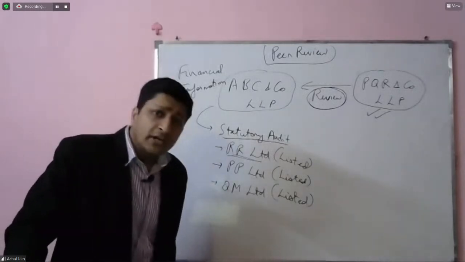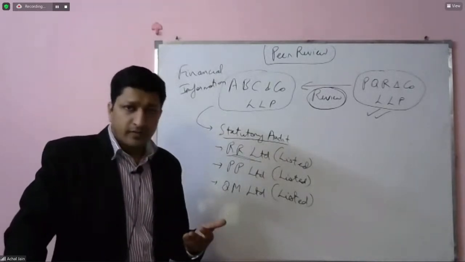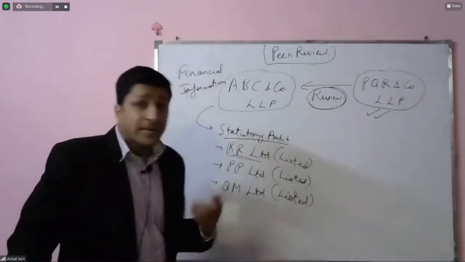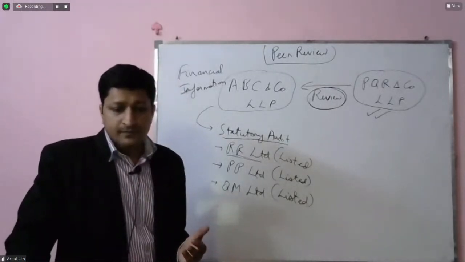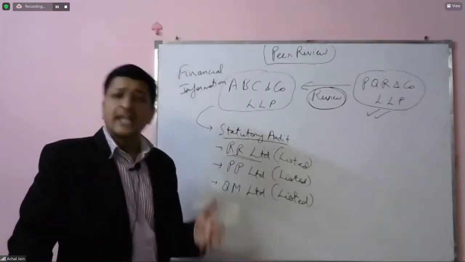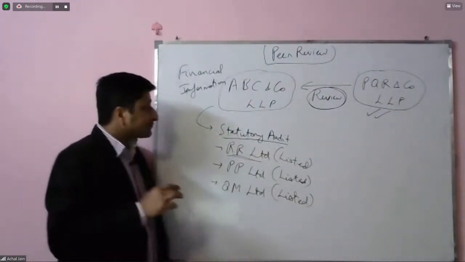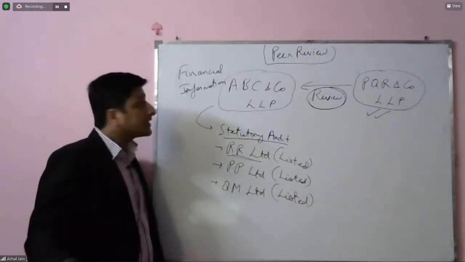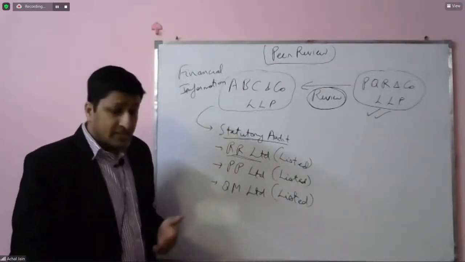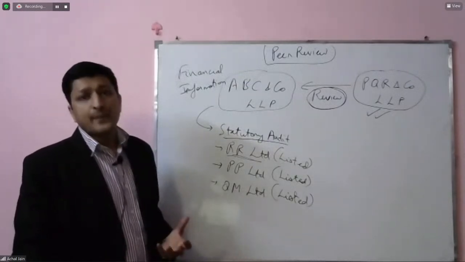Because they have been auditing, but the quality with which the audit should be performed, and by the quality I mean the application of all auditing standards, assessment of all the accounting standards or any of the legal or regulatory requirements in relation to the audit. If let's suppose that is not taken care of by ABC, so then what is happening? In such a case, we can say the audit quality is getting hampered.